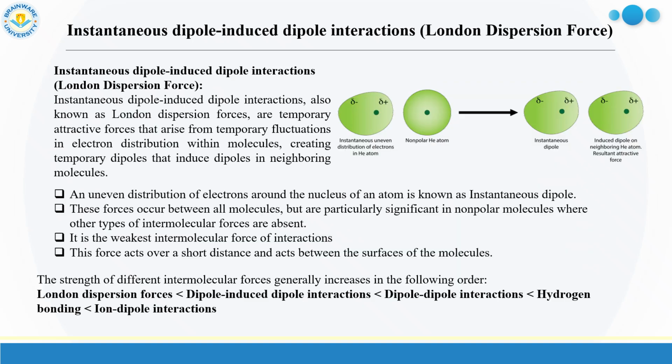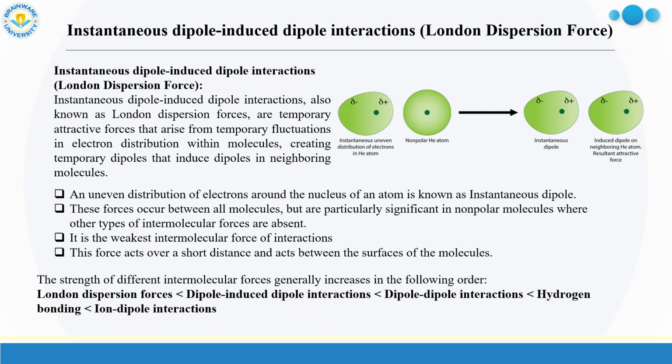Instantaneous dipole induced dipole interaction. It is also known as London dispersion force. These are temporary attractive forces that arise from temporary fluctuation of electron distribution within molecules, creating temporary dipoles that induce dipoles in neighboring molecules.